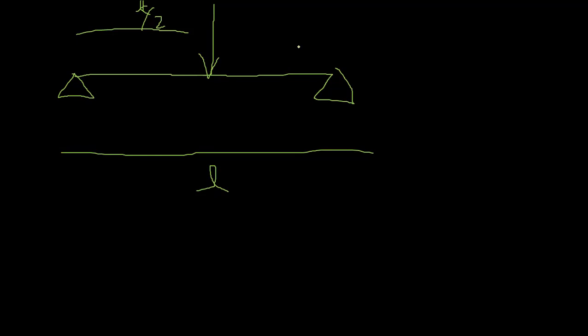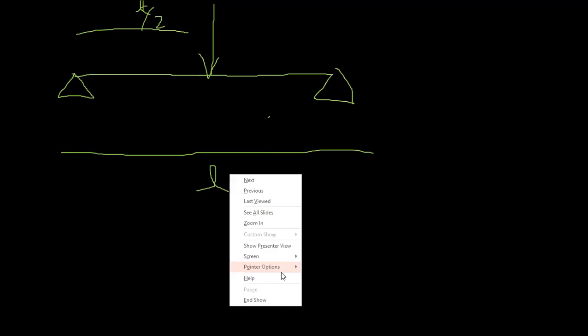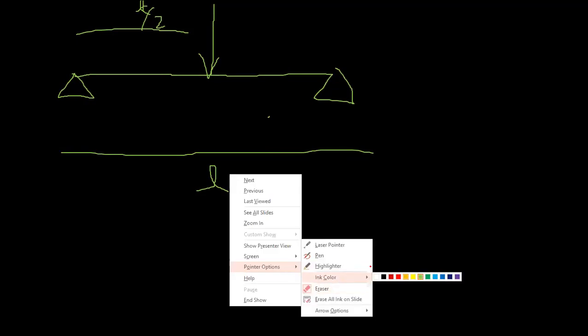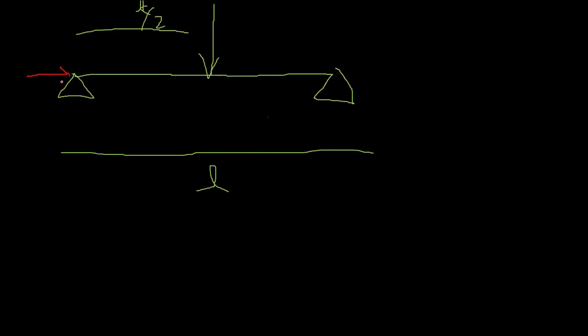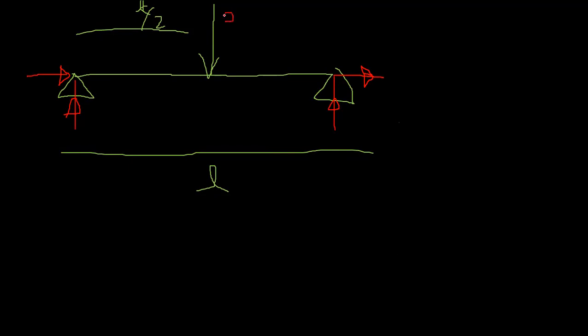If it is a pin support, the reactions you will have are in this way, and this way, and this way, right? These are the unknown reactions, right? We don't know the value of these forces. Let's say this is P, right?